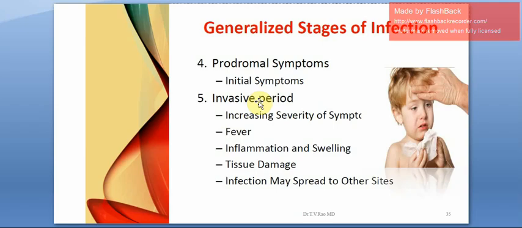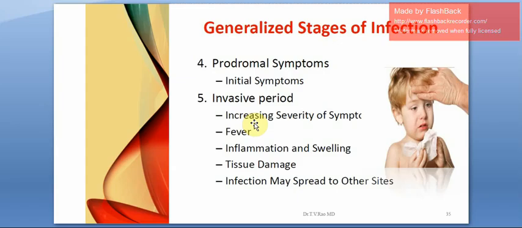Next stage is prodromal symptoms. Prodromal symptoms means it is the period in which individual is experiencing the signs and symptoms. Next period is invasive period. Invasive period means here the signs and symptoms are becoming very severe. For example, the patient may experience fever, there may be swelling and inflammation, they can have tissue damage, and infection can also spread to other organs or other sites.